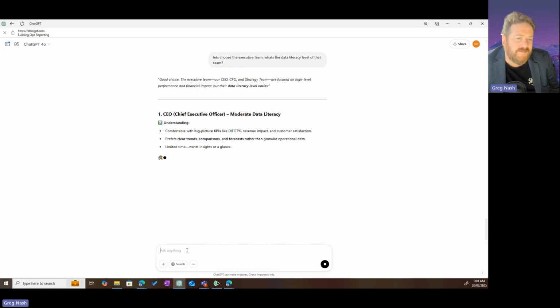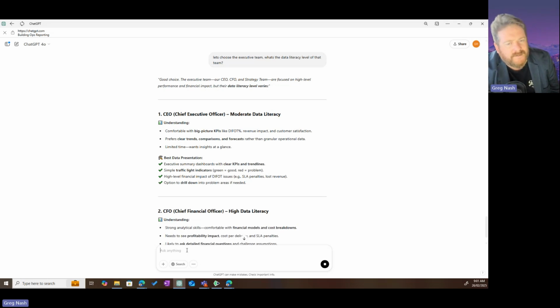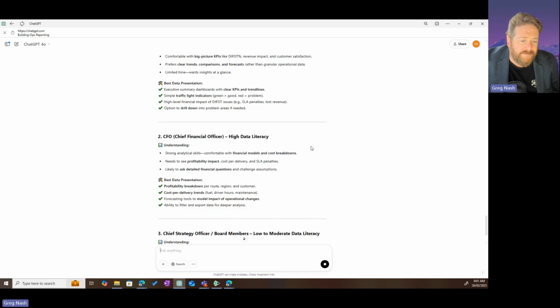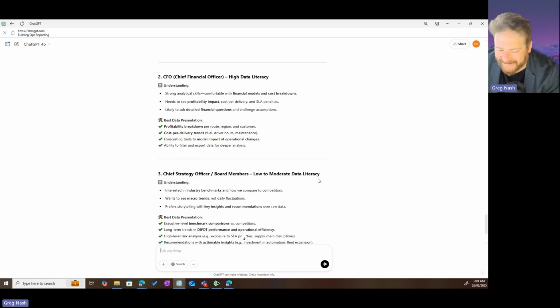So this is what you want to know: the CEO, are they in spreadsheets all day or are they someone who likes to talk big picture? Like when they're looking at reports, what sort of thing do they do? This is you understanding the data literacy level. So CEO's moderate. CFO, it's common that they're high because they use Excel a lot. But then maybe your strategy and board members are low, and you give them a crayon and a circle of paper.